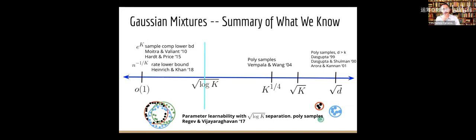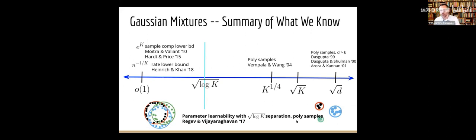Now, much more recently, in 2017, Regev and Vijayaraghavan showed that it is possible to have polynomial learnability. So we need a polynomial number of samples to learn the parameters, all the way down to this line, root log k separation.